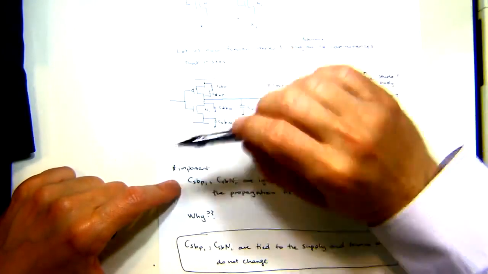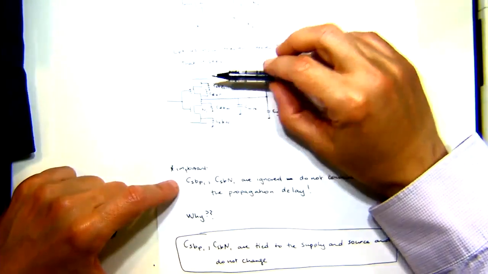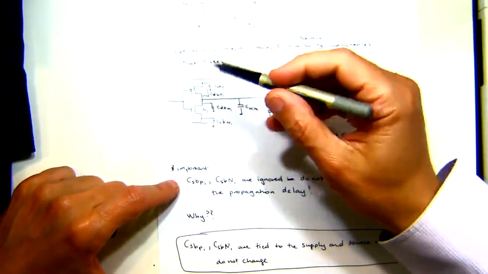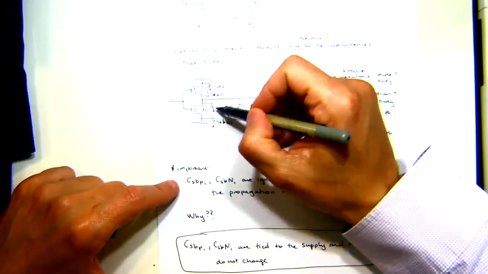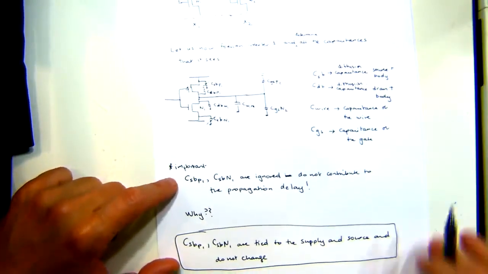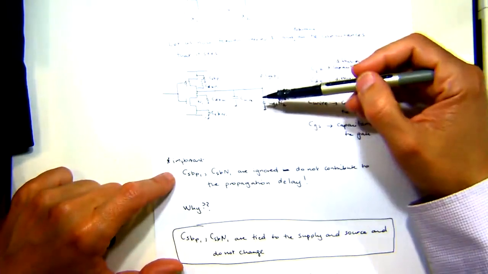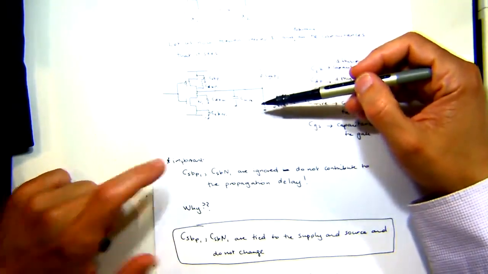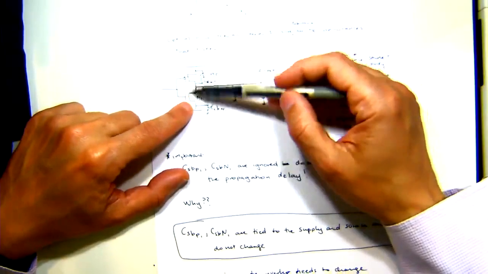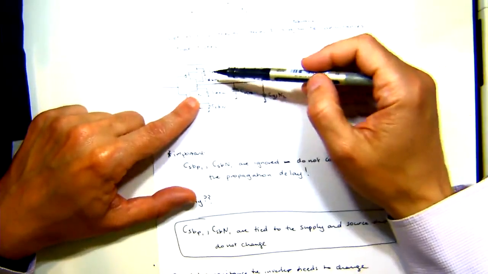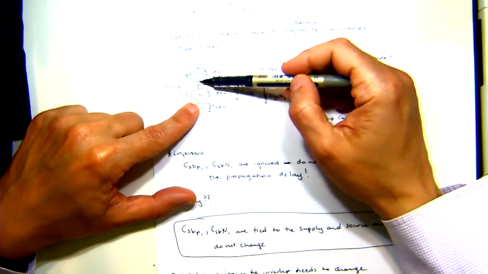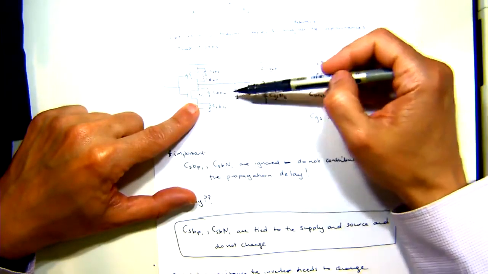Now it has some advantages, or it might also have some disadvantages. But yes, it doesn't add to the propagation delay. So essentially what I'm able to do is remove these two when I'm doing the calculation. So when I'm calculating the total capacitance of this circuit, the total capacitance that this output node sees is essentially these two, that, and this output node also sees that, plus that, plus that, plus that.